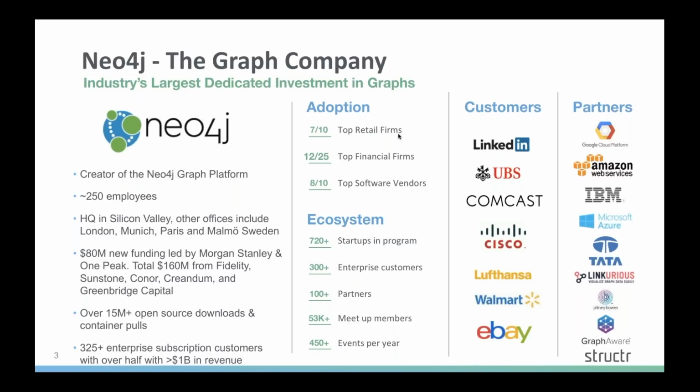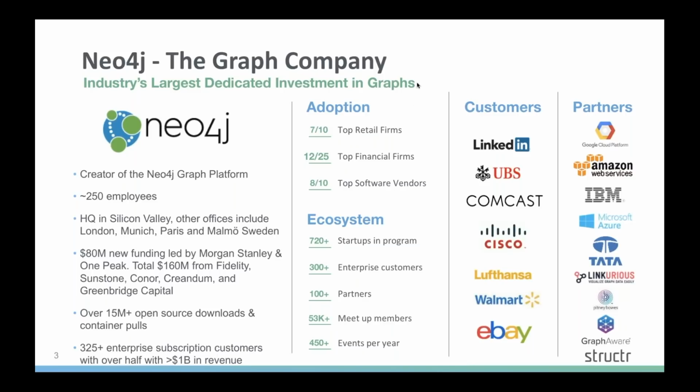I'll also draw your attention, I don't know who in the audience is from a software vendor rather than a user, but Neo4j is used in an OEM context, so it's built into lots of other products. So products from HP, for example, products from Ericsson, for example, have got Neo4j built into them.